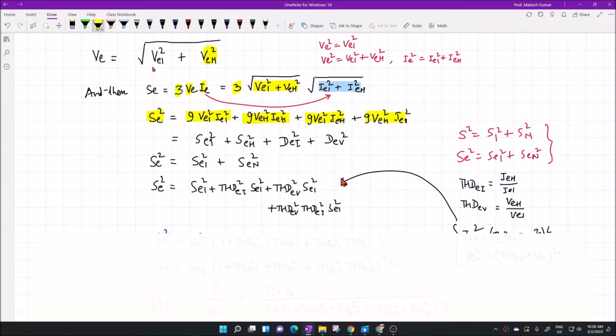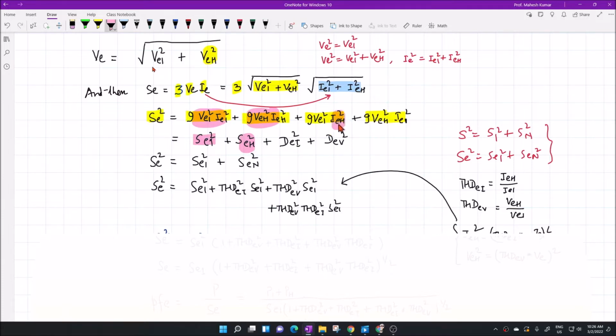Here we will use the concept of total harmonic distortion definition. This can also be written as SE1 square, this is SE1 square, this is SEH square. This is DEI, distortion effective power because of distortion in current.